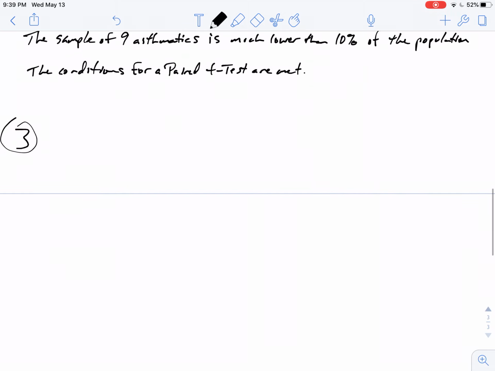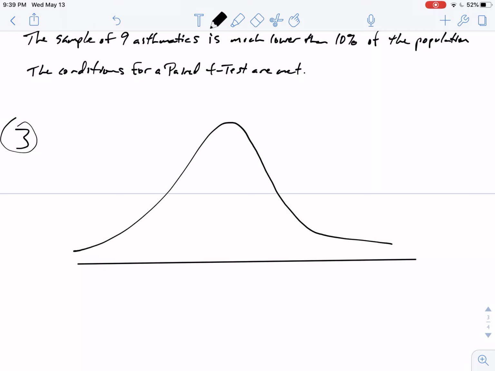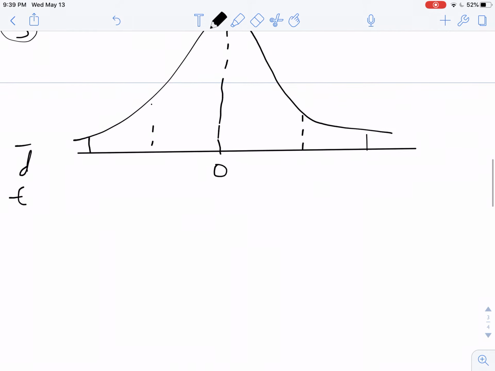Step 3 now is where we actually perform the test. So what I'm going to do is make a picture. Remember, the 3 things you need are a picture, a test statistic, and your p-value. All right, so this axis is going to be the d-bar axis. This one will be the t-axis. We're going to center this at 0. So our expected d-bar value is 0 if we assume the null hypothesis is true.